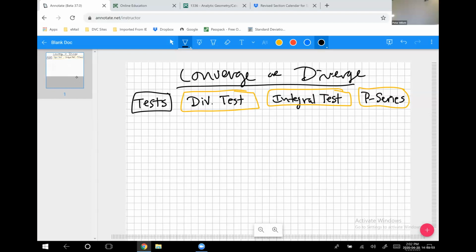So I'm looking at page 638, exercise number 12. And it has the summation of k squared over 2 to the k.